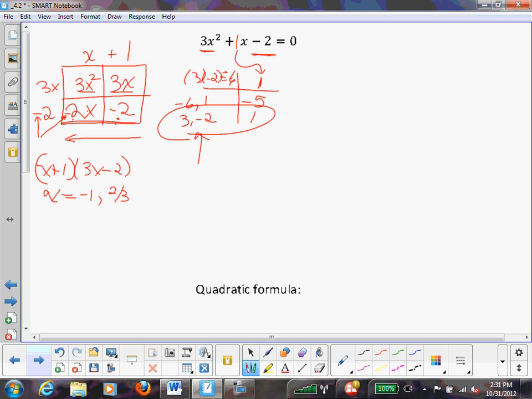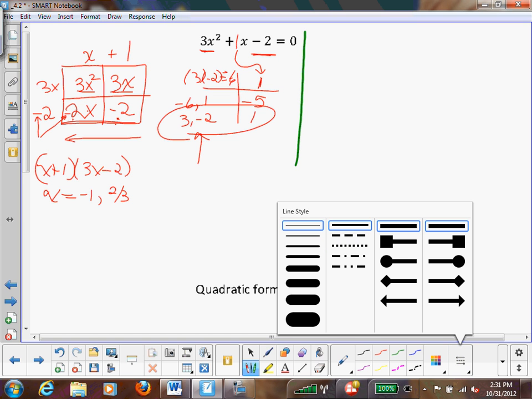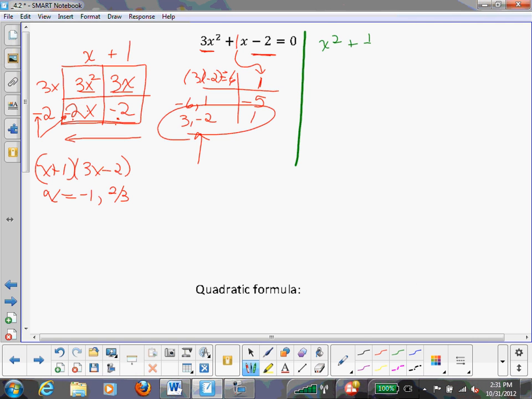All right, so let's complete the square, because I want you having the practice. What's the first thing I need to do when I'm going to complete the square? So that leaves me with x squared plus 1/3 x equals, and I'm going to go ahead and take that 2/3 to the other side.